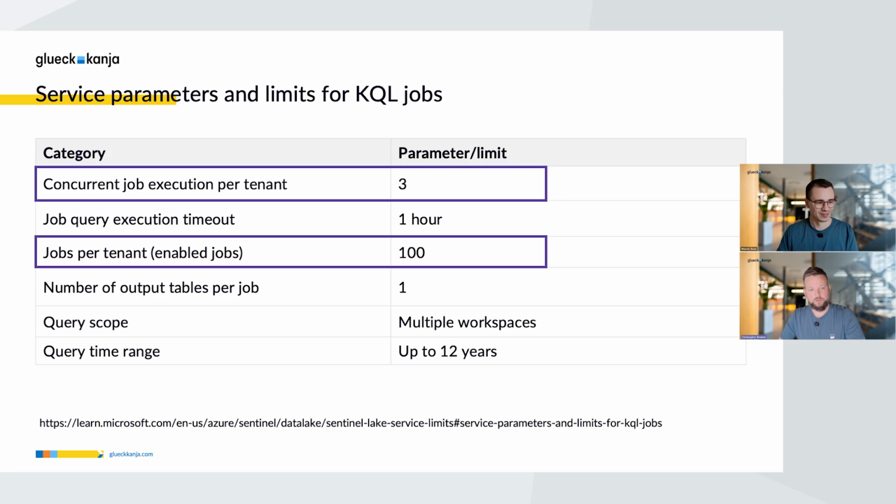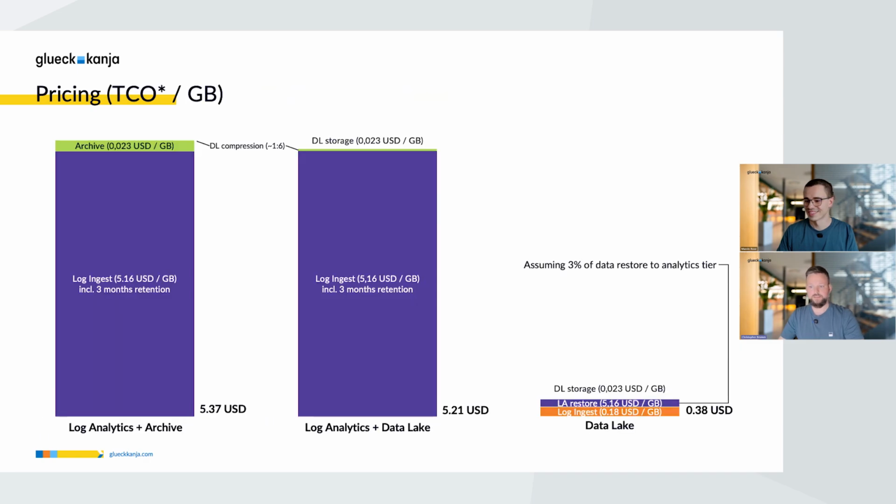Okay, coming back to costs. Now we're adding some additional costs, right? Come back to this picture. Yeah, so there's currently no change in this picture, but we will add on the right side the ingestion to our analytics tier. And as Chris already said, we are calculating with the amount of 3% of data.